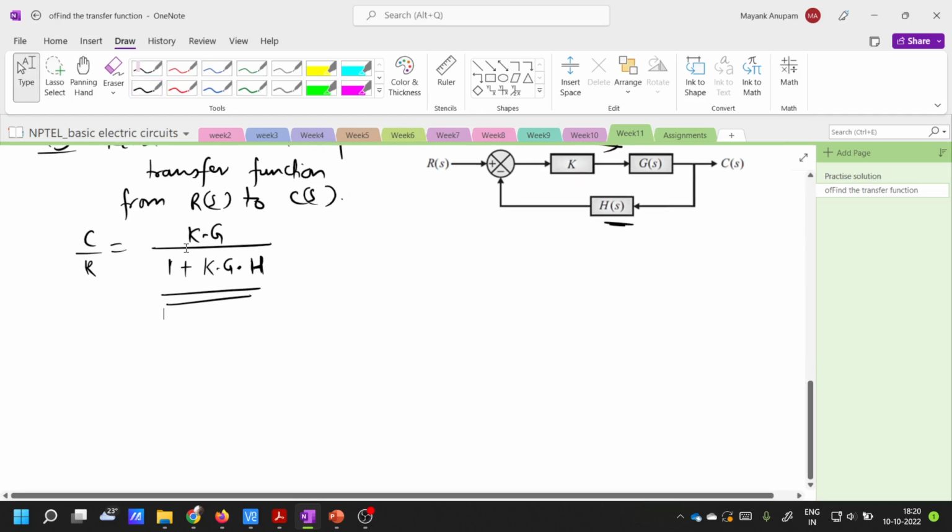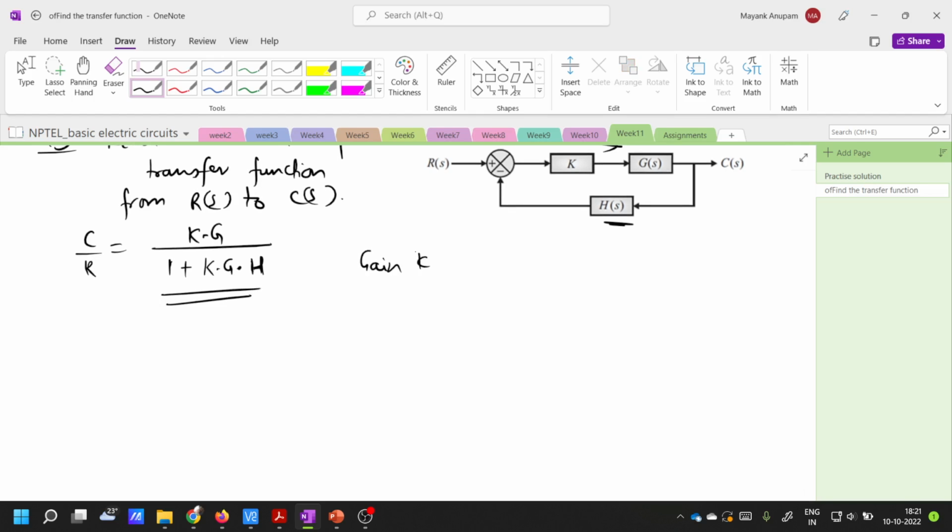Now it is said in the question that gain K is very high. So look at the denominator, 1 plus K into G into H. If the gain K is very high, you can safely ignore the addition of 1 to this number. Suppose gain K is like 1 lakh, and G into H is equal to 1.